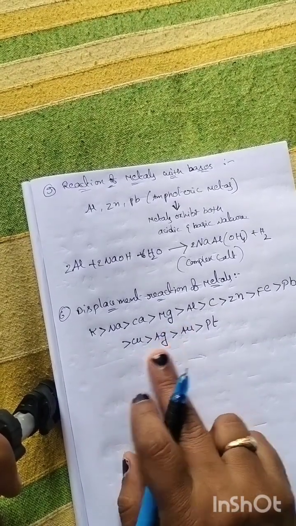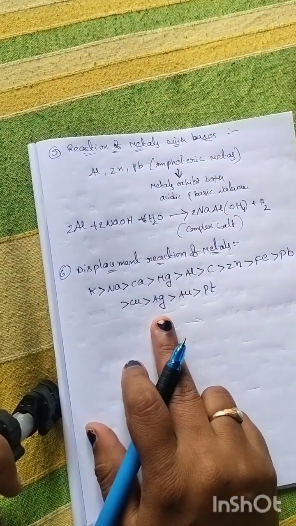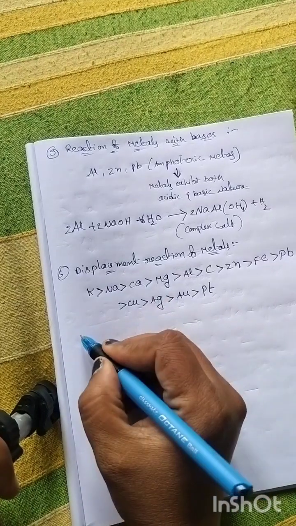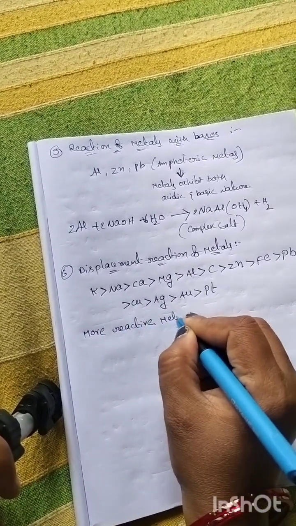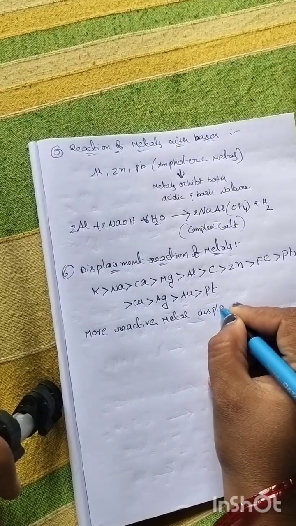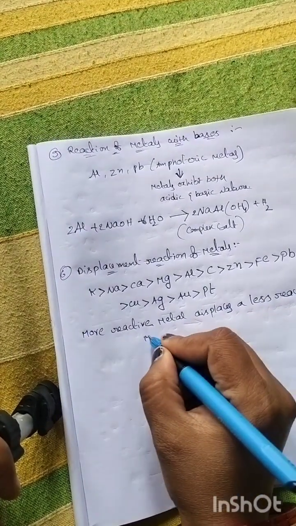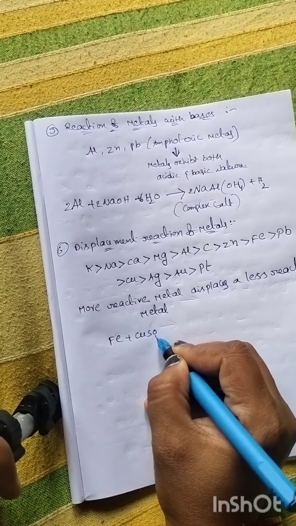By basing on this reactivity series, we can write displacement reactions very easily. What is the definition of a displacement reaction? A more reactive metal displaces a less reactive metal. This is called a displacement reaction. This is the basic definition of displacement reactions.